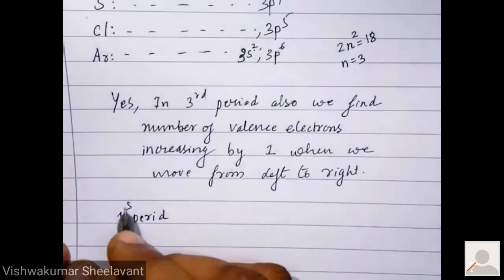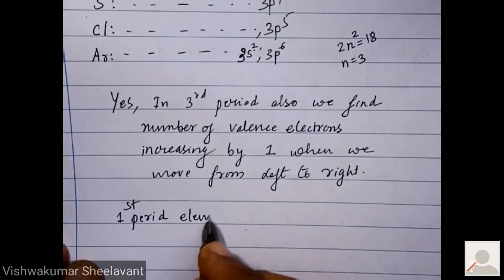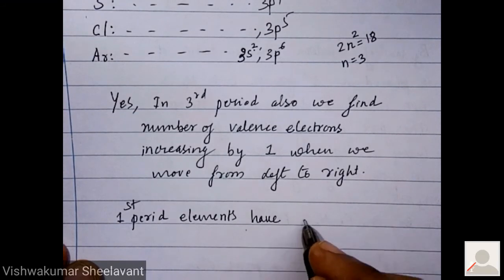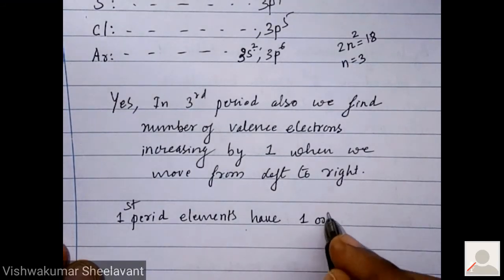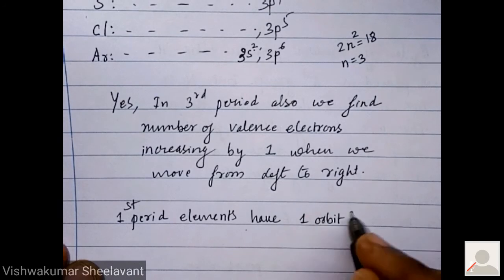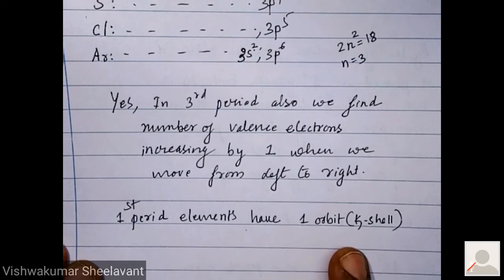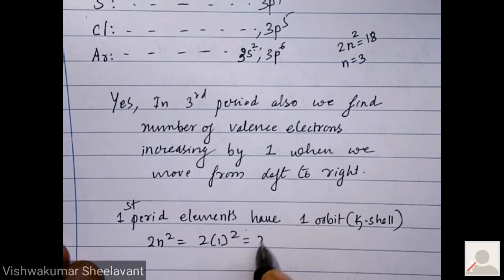First period elements have one orbit, that is K shell. And how many electrons can you place in the first orbit? 2n square equals 2 times 1 square equals 2.